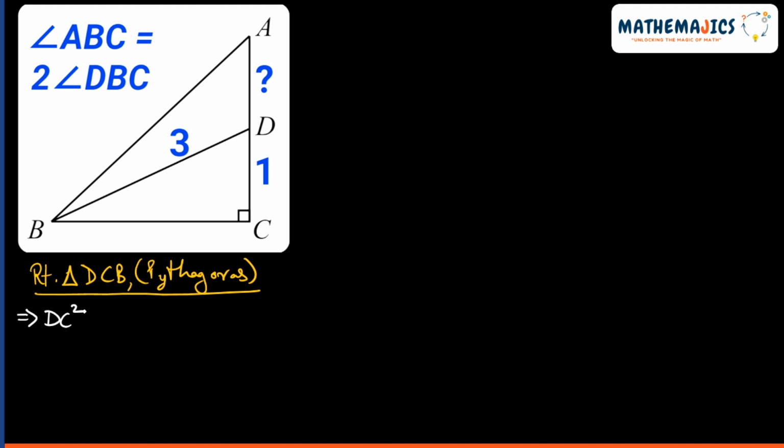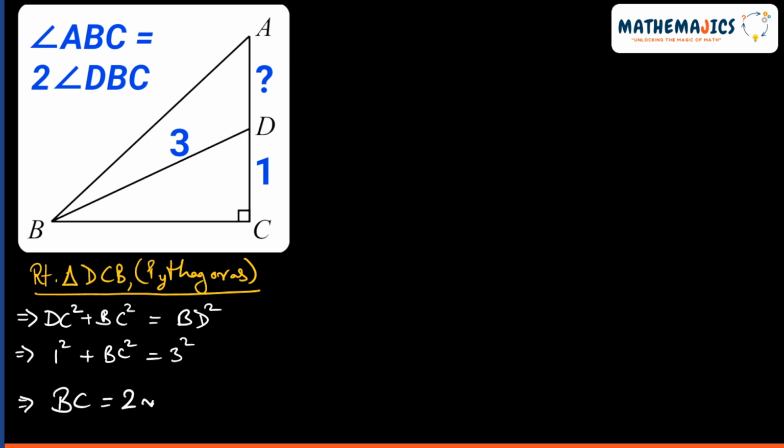We will get DC square plus BC square is equals to BD square. DC is 1 square, BC is what we need to find out, BD is 3 square. If we solve this, we will get BC as 2 root 2. Okay, the length of BC will be 2 root 2.